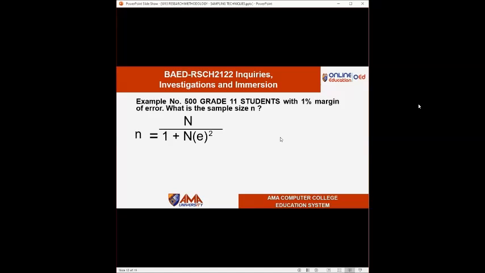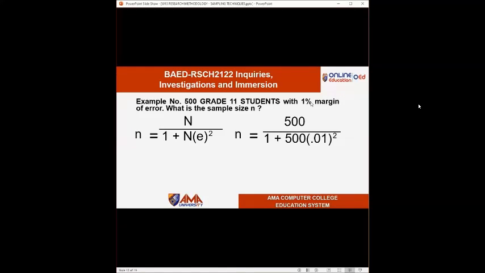So, if we put this in the formula, so sabi niya, n is equal to, so yun yung population, which is 500. So, lagay lang natin dito yung 500. And then, kunin lang din natin yung 1 plus ano yung malaking N, that is the population.